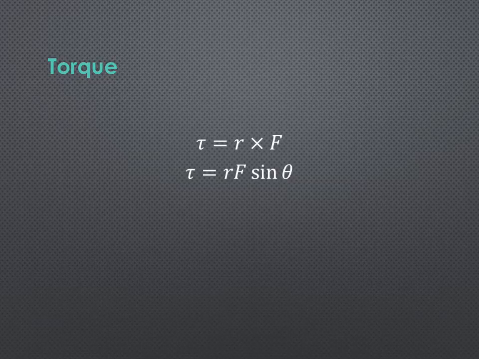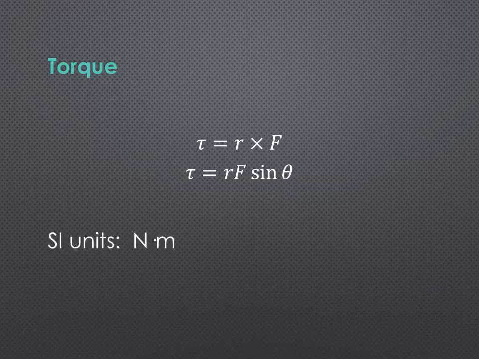So we can write this, and this is how it is on your equation sheet, as tau equals rF sine theta, where theta is the angle between the force applied and, if it's a door, the door, if it's a bike, between the point of contact and the center of the rotation.